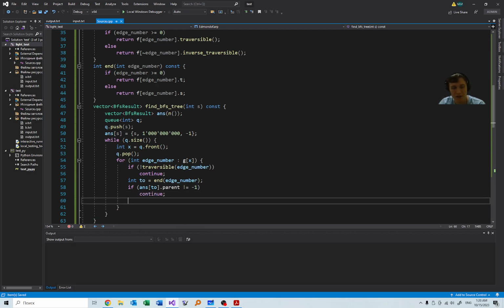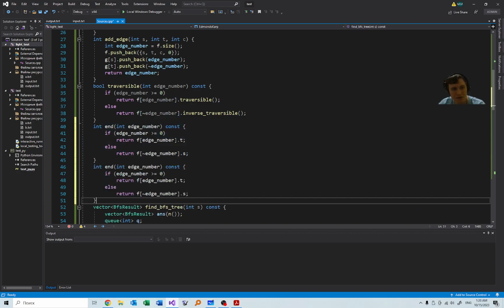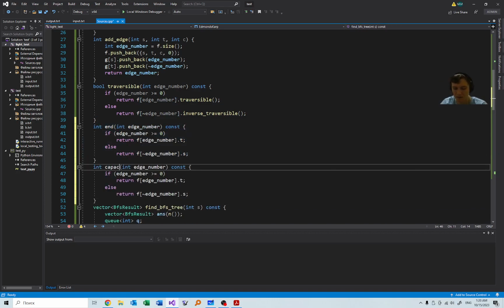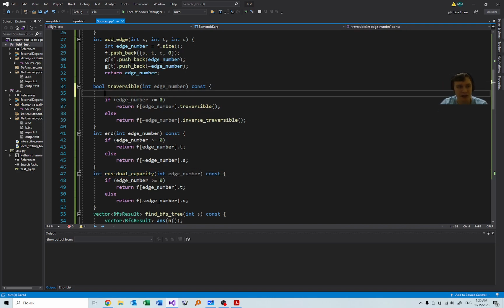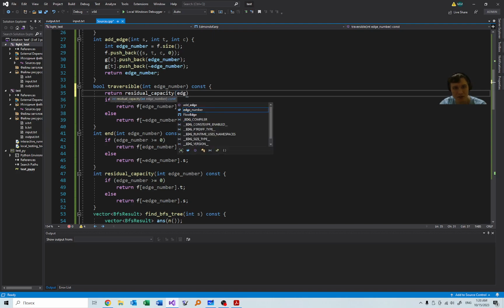Otherwise, okay, let's also find capacity. And here I needed to write like this. A residual capacity, okay. Actually, here I would like to say return residual capacity of edge number is greater than 0.